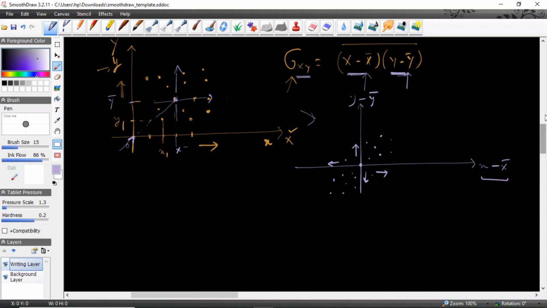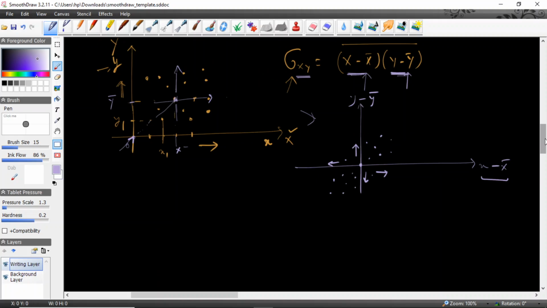Positive correlation means the random variable y will be in harmony with random variable x. That means if x increases, y increases, and if x decreases, y decreases in most of the cases.